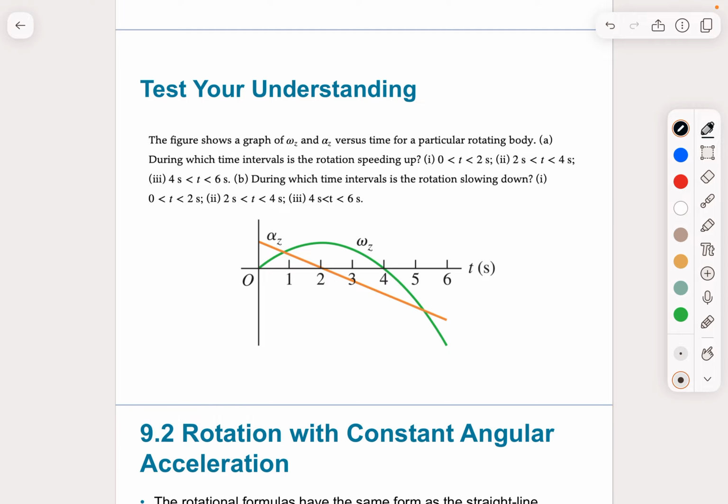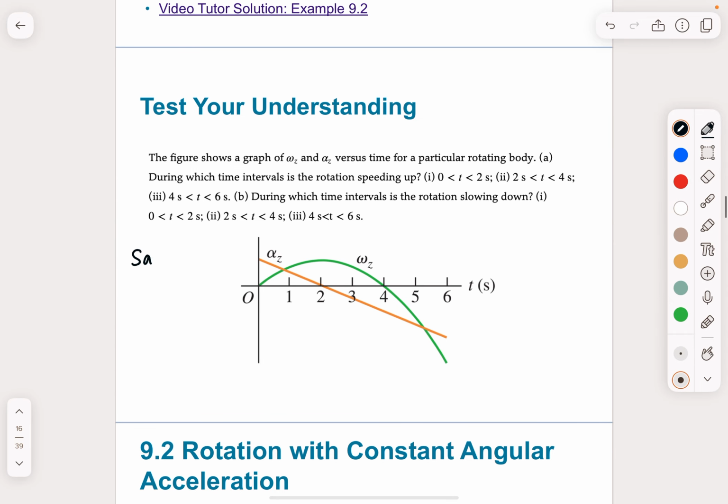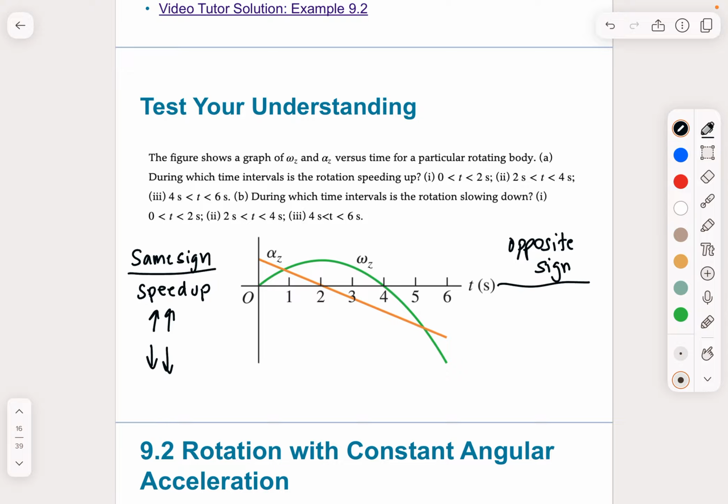And that's going to mean we're looking at the signs of those values and whether they are the same sign or opposite signs, right? So remember, same sign, you have a speed up, whether they're both up or both down, right? Opposite signs, you have a slowdown.